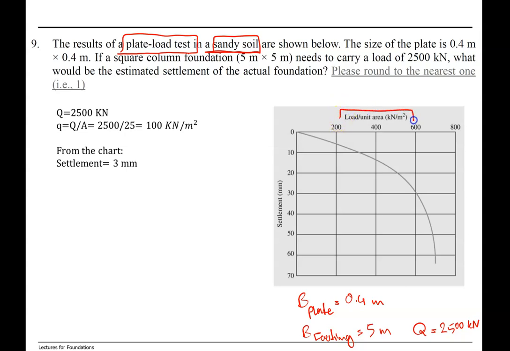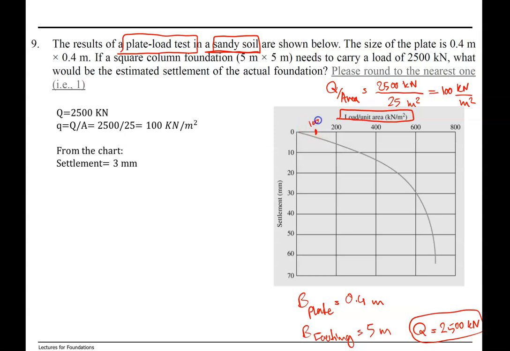Here we have load per unit area, and here we have load. So the first thing that you need to do is divide load by area of footing, which is 2500 kilonewton divided by footing area of 25 square meter. This is 100 kilonewton per square meter. Then we come to the plate load test results.